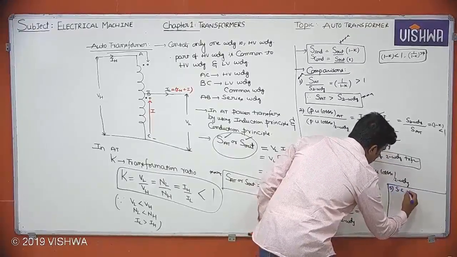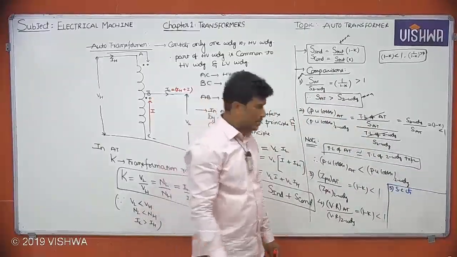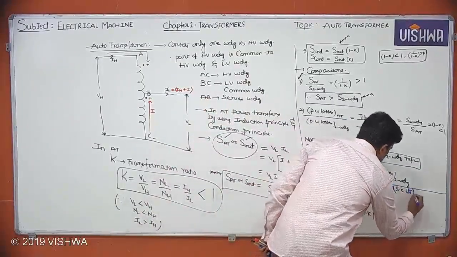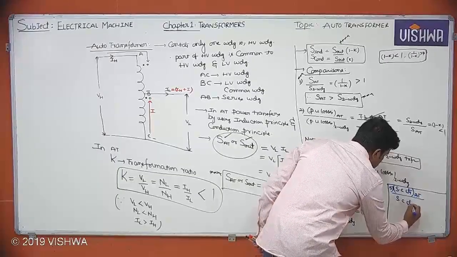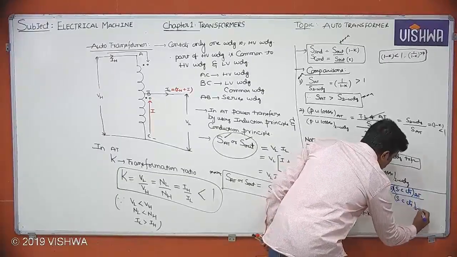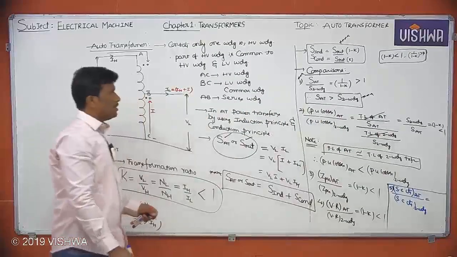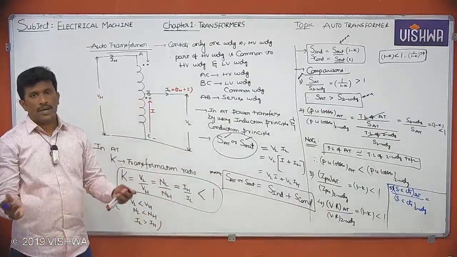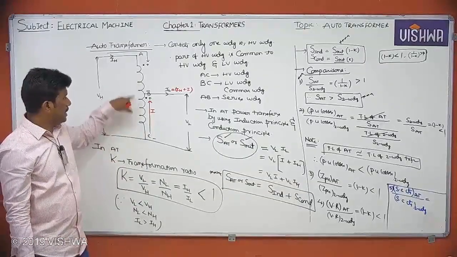Short circuit currents, SC currents. Short circuit currents of auto transformer by short circuit currents of two-winding transformer is equal to. It's very simple. You know, in a two-winding transformer, the windings are electrically isolated but magnetically coupled. But here, if you see this section, they are electrically connected.